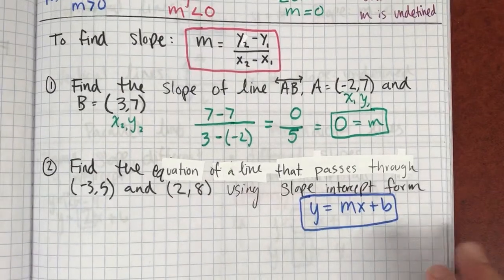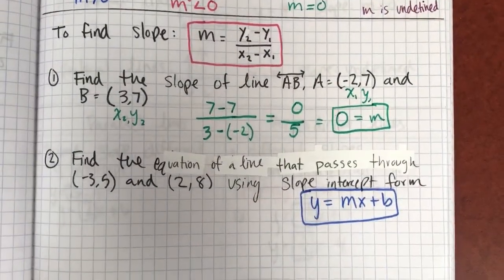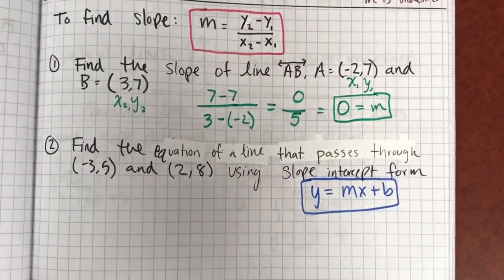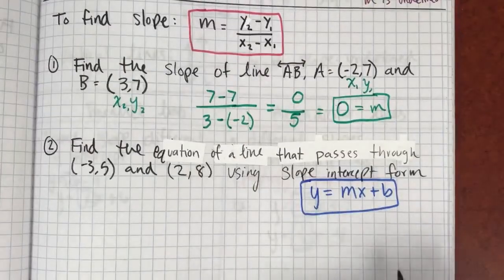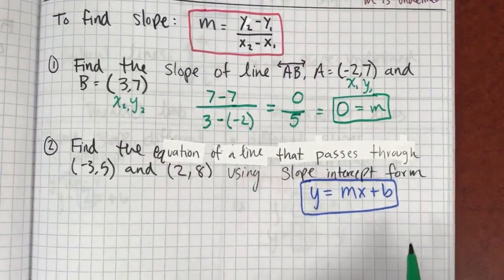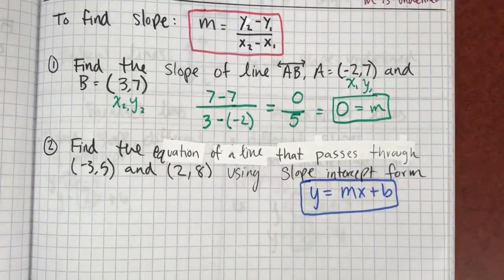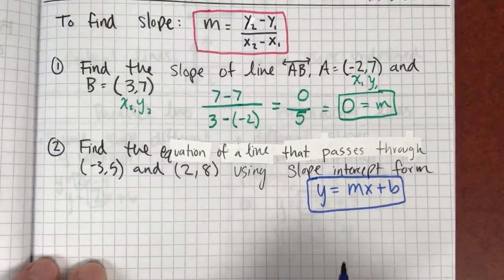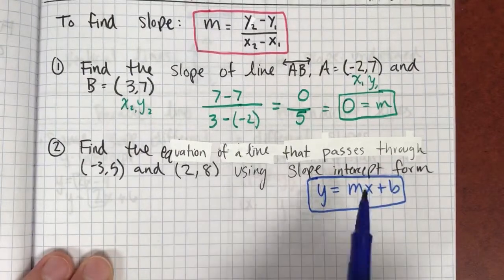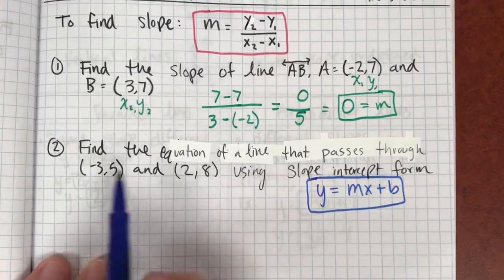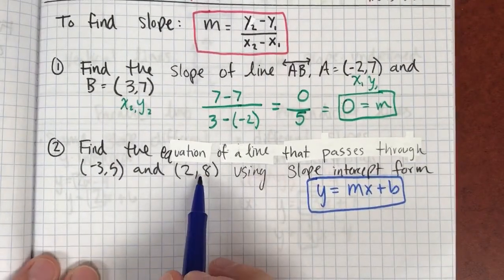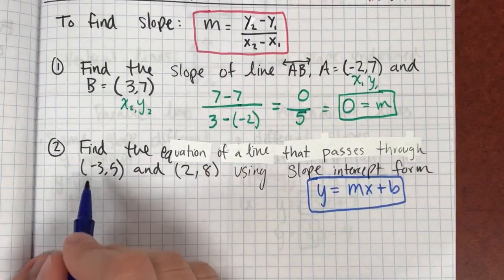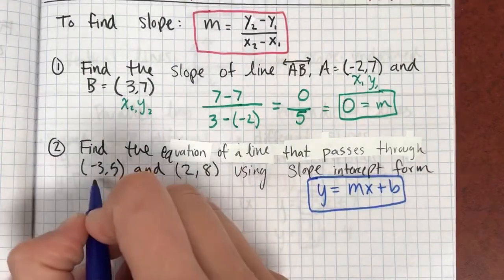All right, we're going to be talking about two types of linear equations: slope-intercept form, which is y equals mx plus b, and point slope form. We're going to get into that one in just a little bit. So first, we have to find the equation of a line that passes through these 2 points. First, we will need to find our slope.